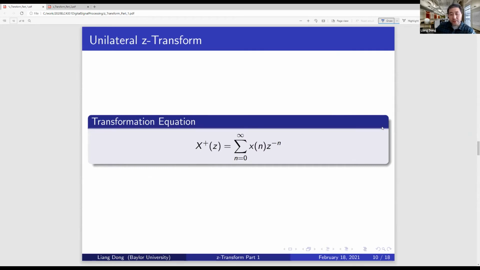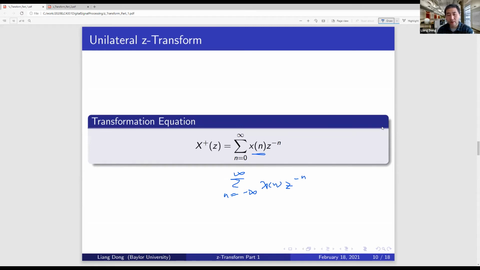A unilateral Z transform. The transformation equation looks like this. It's a unilateral Z transform. We are using that without saying it's a unilateral Z transform, but most likely we were talking about a causal signal. If x[n] is a causal signal, even though you are doing n from negative infinity to infinity of x[n] z to the power negative n, because it's causal, you don't really care about x[n] where n is less than 0.